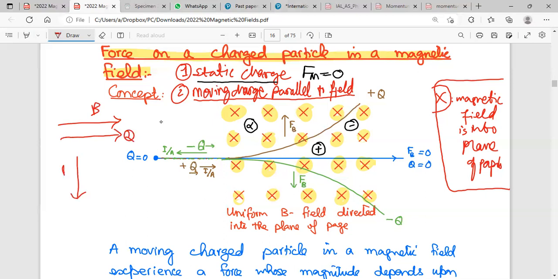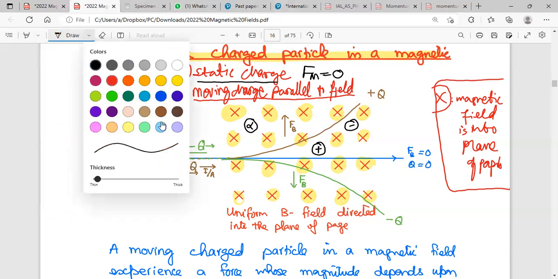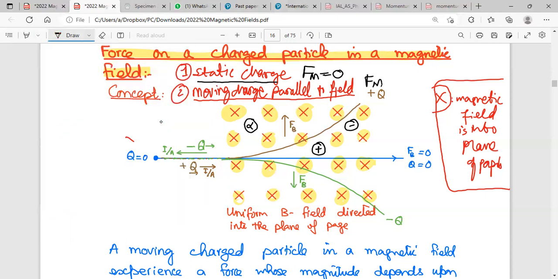This shows that the charge is moving parallel to this field. So when the charge is moving parallel to the magnetic field, again, no magnetic force acts on the charge. It would not experience any force. So these are the two scenarios in which there is no magnetic force acting on the charged particle.